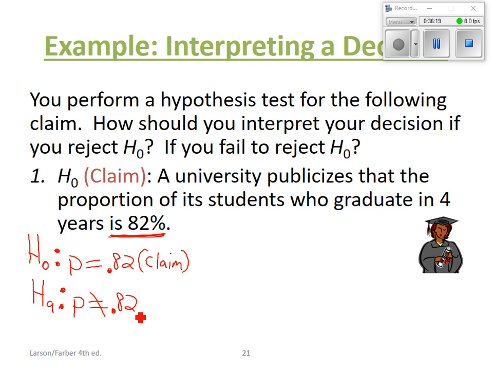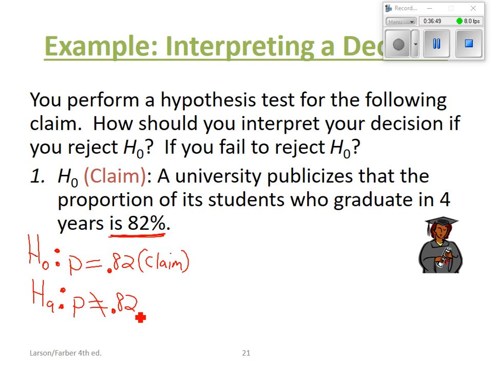So what we're gonna say, there is enough evidence to reject the claim that, and then we go back to the problem, that 82%, sorry, I'm not very good at this because I'm terrible at English, that 82% of the university students graduate in 4 years.